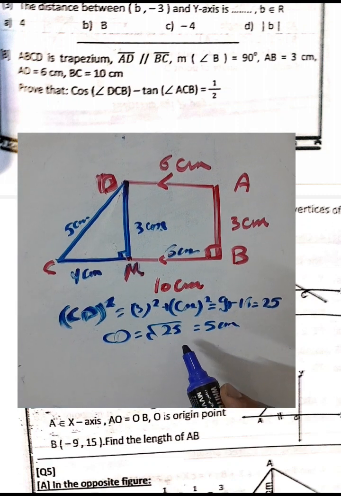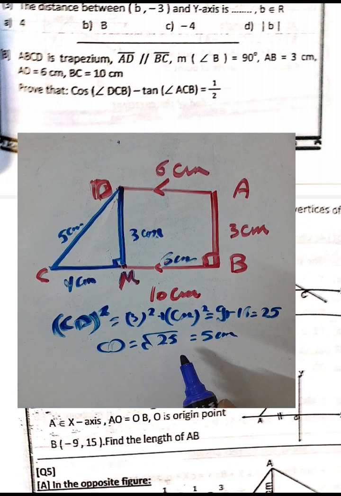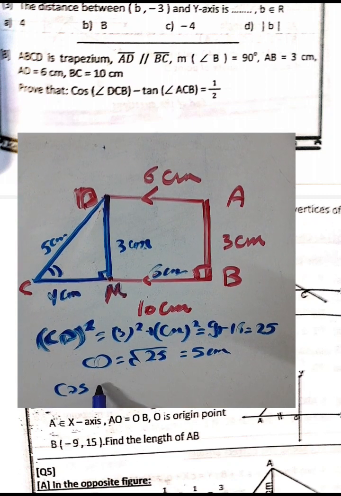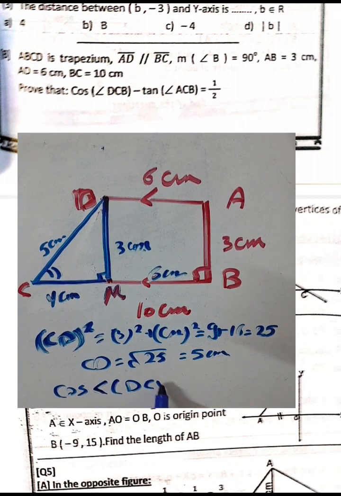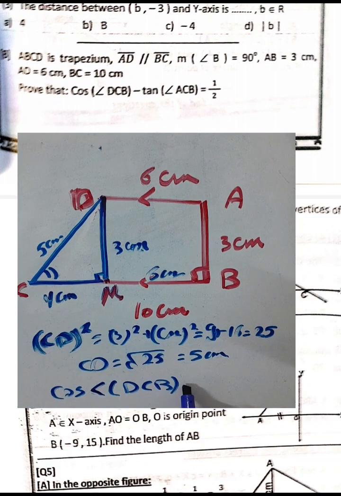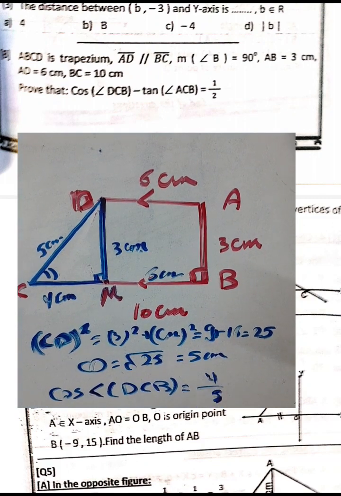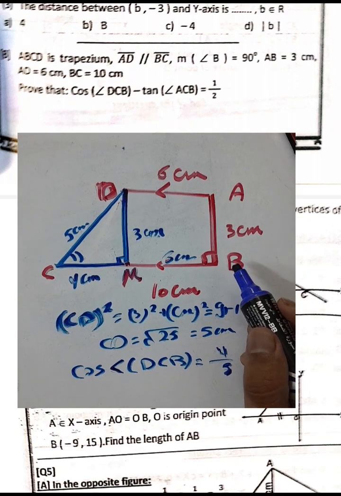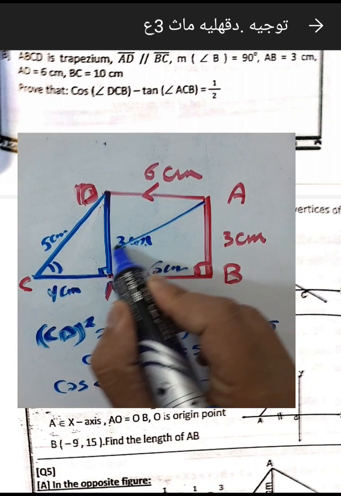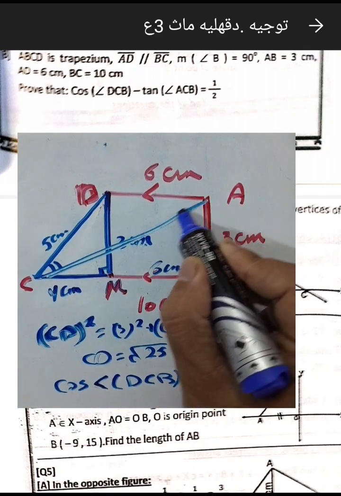Okay, and then you want to find cosine of angle DCB, this angle. Cosine equals adjacent over hypotenuse, 4 over 5. And we can find tan of angle ACB. Draw here from A to C, this line segment.